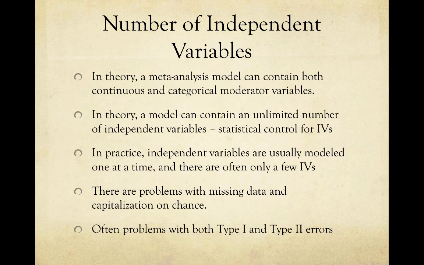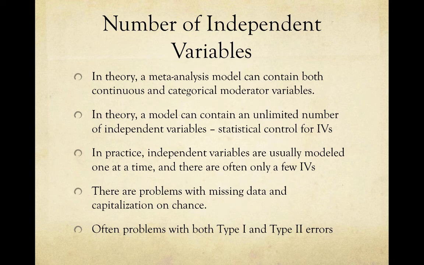So in a primary study, you have hundreds of observations, and so you've got 250 people. You can put 2 or 3 independent variables in that equation and not worry too much about it. But in meta-analysis, you might have 30 studies, and now you put 2 or 3 moderators in there. All of a sudden, you got a problem.